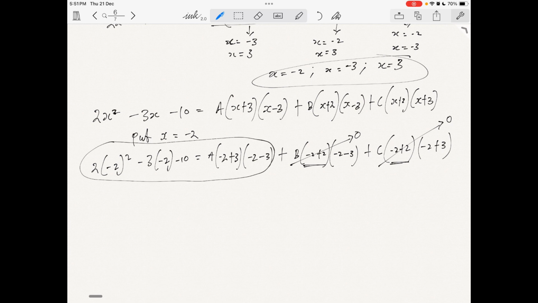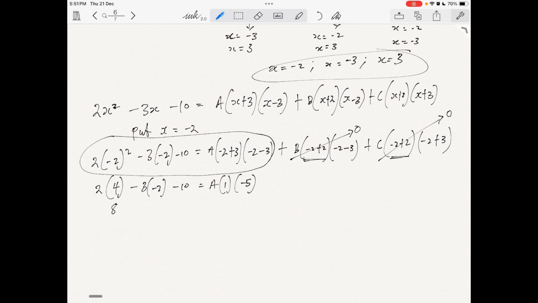Let's solve for that. 2 into minus 2 squared is 8, minus 3 into minus 2 is plus 6, and minus 10, is equal to a times minus 2 plus 3, which is 1, and minus 2 minus 3, which is minus 5. So 8 plus 6 minus 10 is 4, and it's minus 5a. So with this we have a equal to minus 4 over 5.